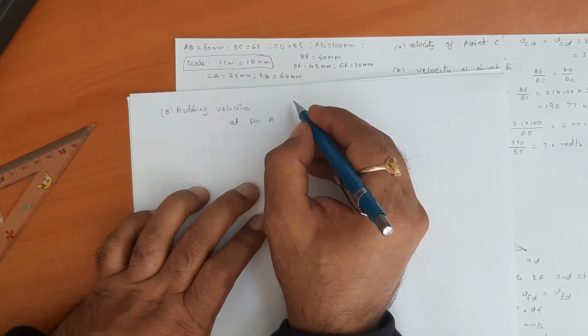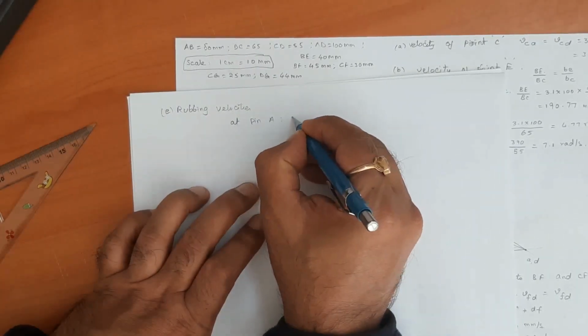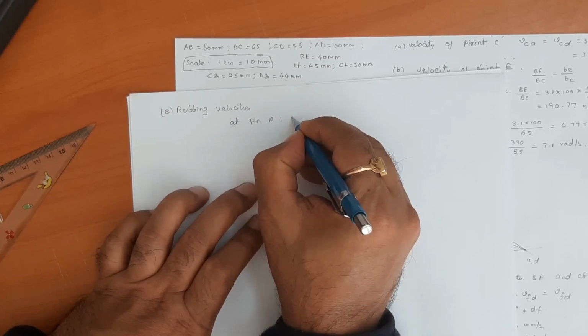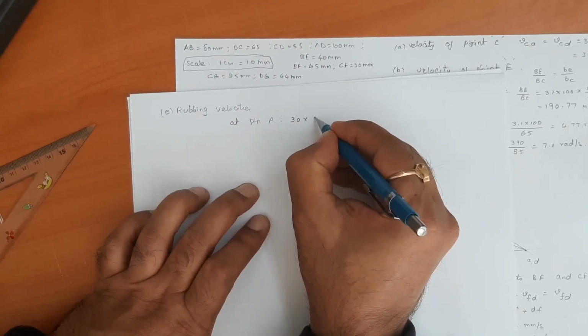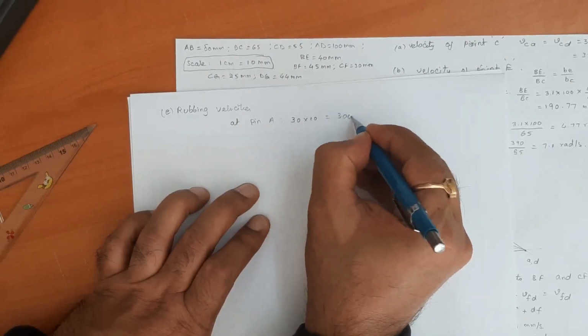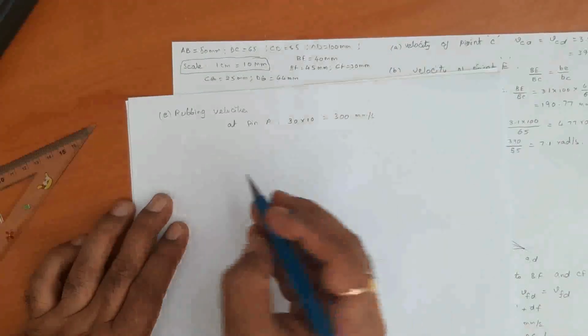The radius of the pin at A is 30 millimeter, into omega 10, so this is 300 mm per second.